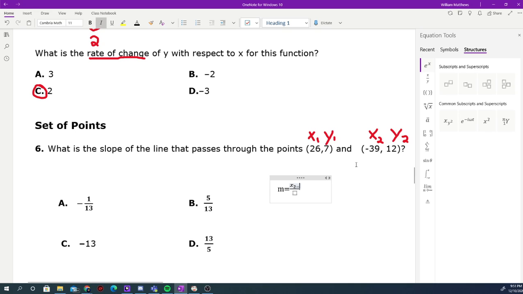X2, nope, that's still a subscript. There we go. Minus, ooh, it's a little tedious right now. X1. Oh, I even used the wrong variable. We have the change of y on top. Making all types of mistakes, guys. At the bottom, we have x2 minus our x1.